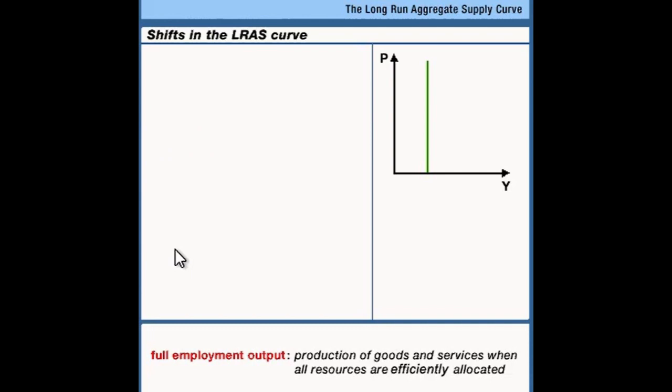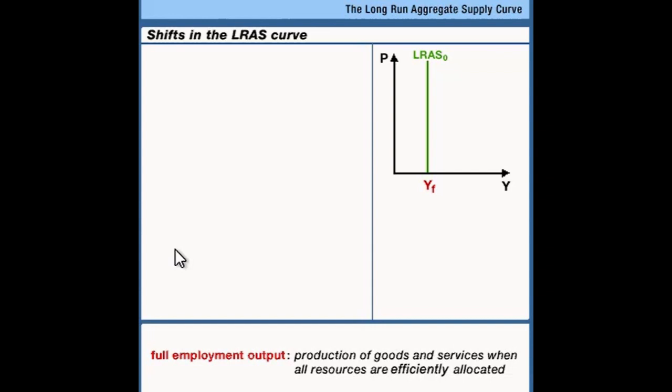And the long-run aggregate supply curve then represents the output of the economy when all resources are fully employed. In the long run, we're going to wind up back on this green curve. I've colored it green to remind us that the economy is constrained by the natural environment. All of our resources come from the natural environment, and that natural environment determines how much output we can produce, given our technology.